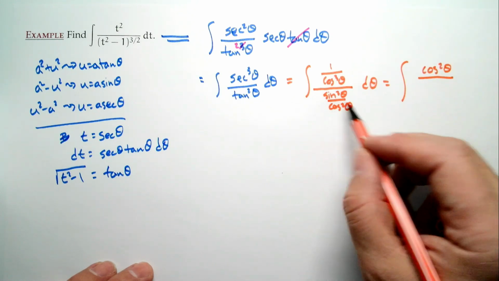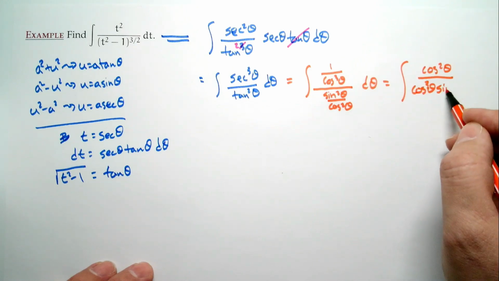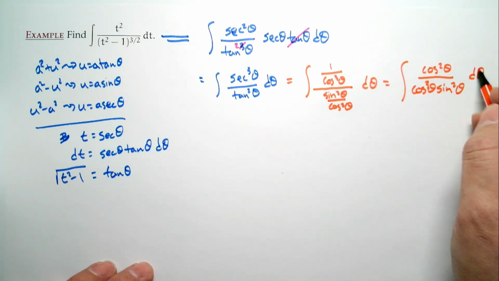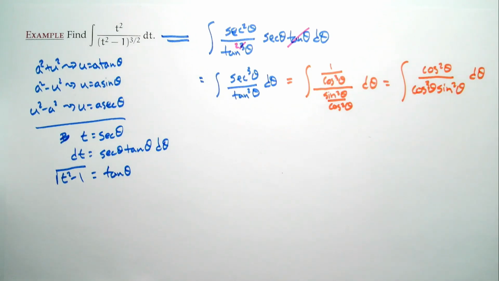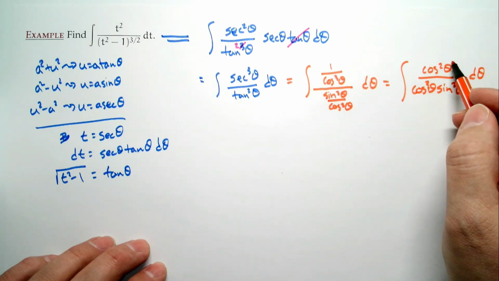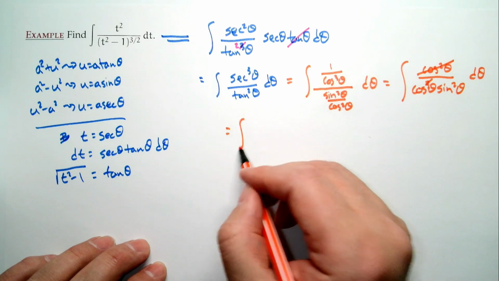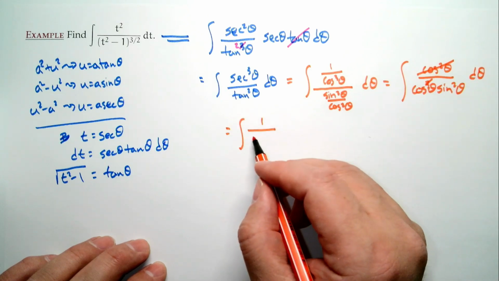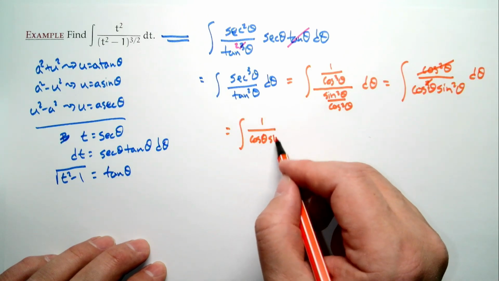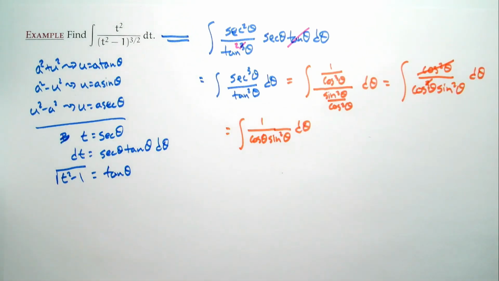That's from this cosine squared, and you have a cosine cubed sine squared. All right, well, this may not have helped us much, but all right. You can certainly cancel off a bunch of cosines. So you get to the integral of 1 over cosine theta, sine squared theta, d theta.